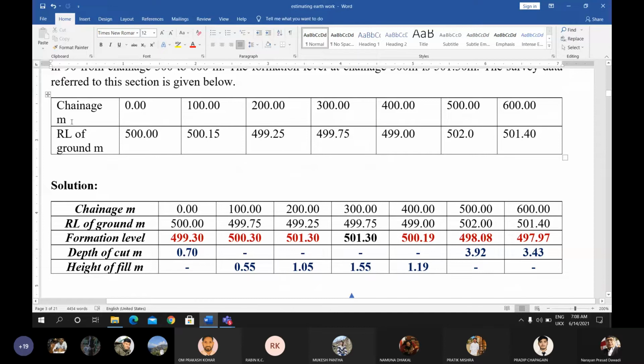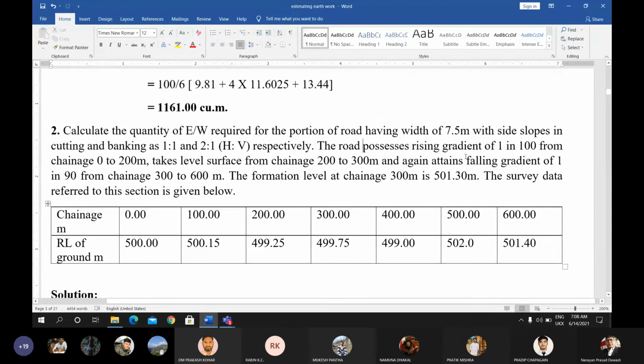Okay. Now, for the chainage, you can look here. The chainage is the same as in the question, and the RL of ground is also the same as in the question. Now, for the 300 meter chainage, the RL of formation level is given as 501.30 meter.